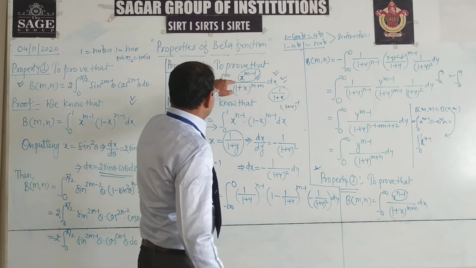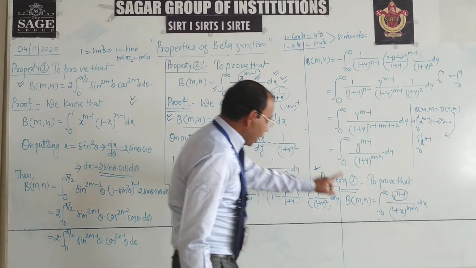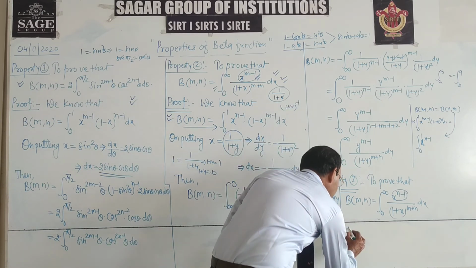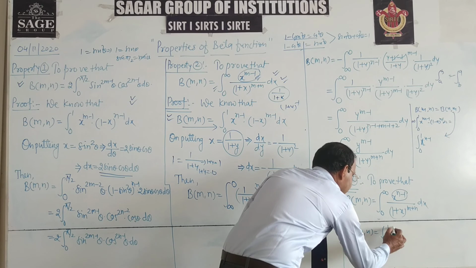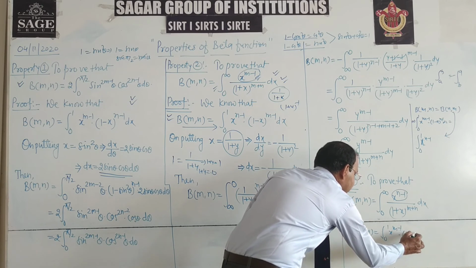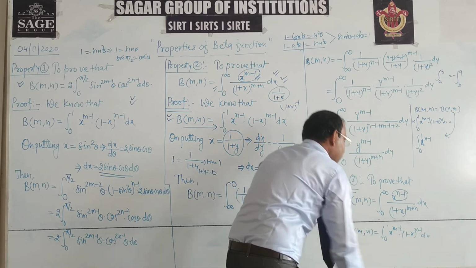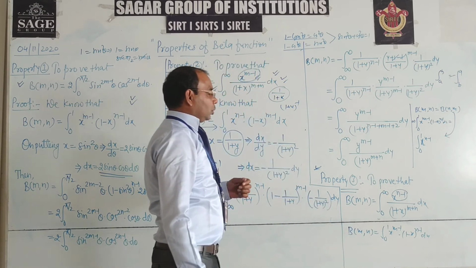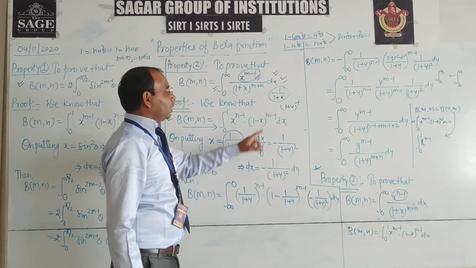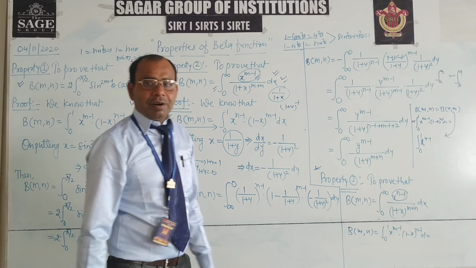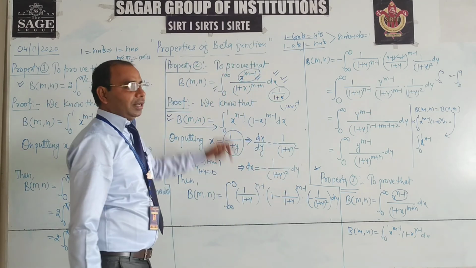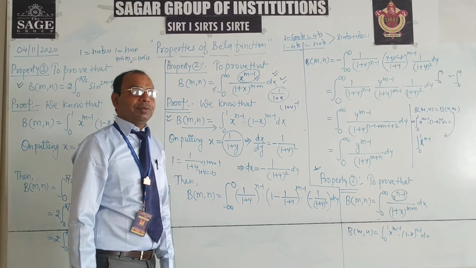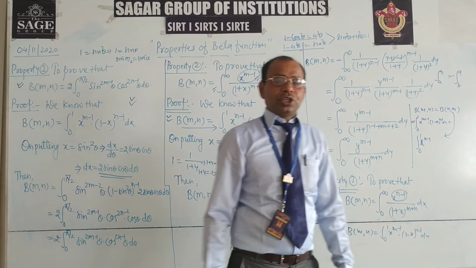Here this formula is this, and for this property the formula is beta mn equal to the integral from 0 to 1 of x to the power m minus 1, 1 minus x to the power n minus 1. Remember the important thing here, the property of definite integral. So these are the three properties of beta function, and the other properties we will see in the next video lecture. Thank you.